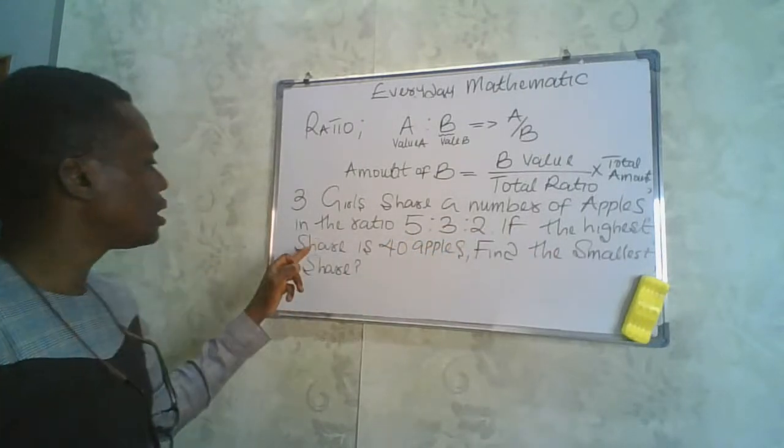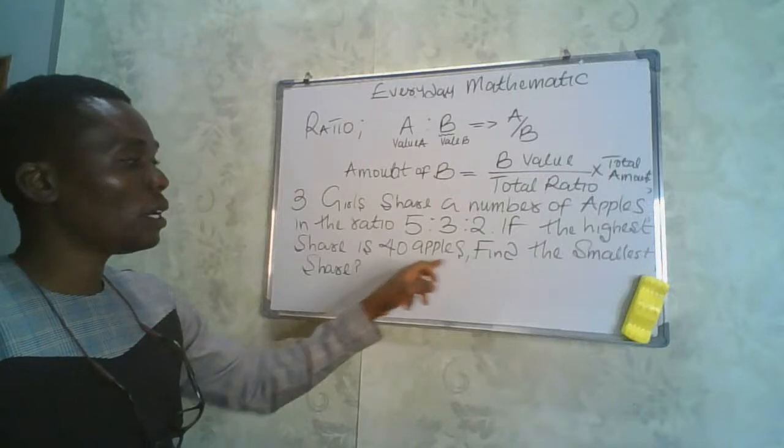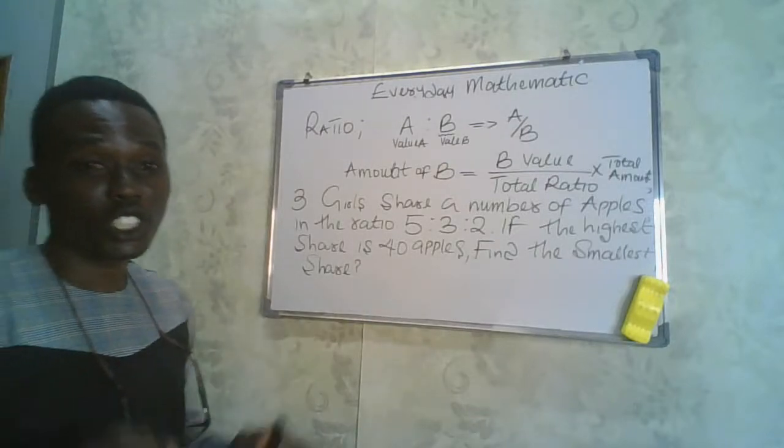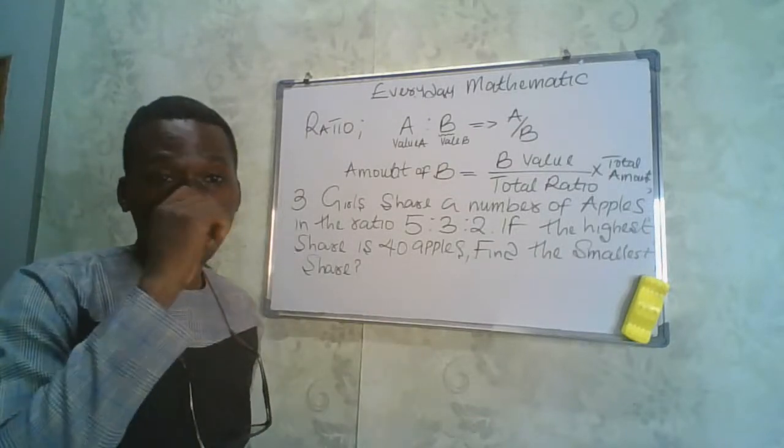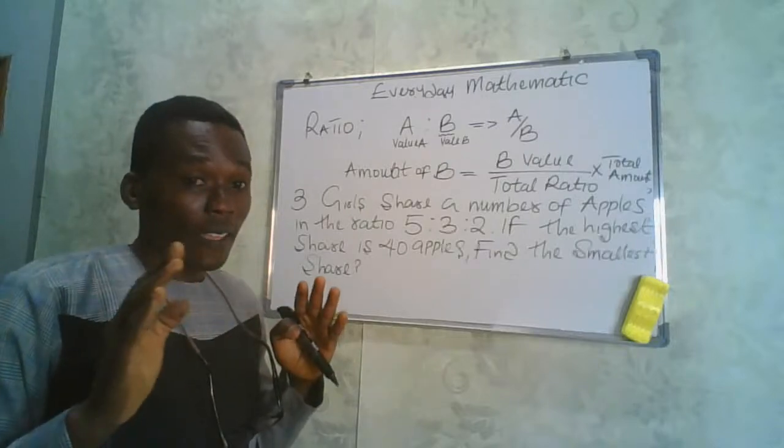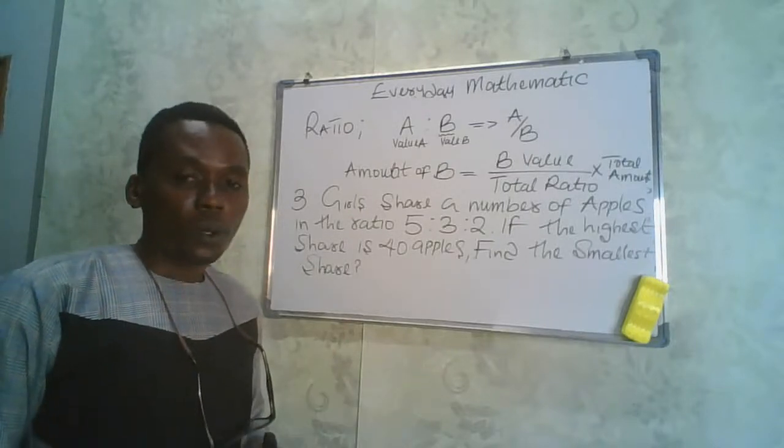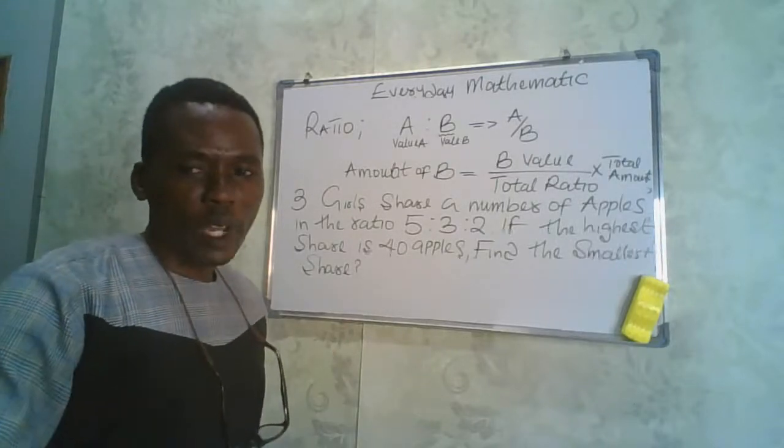If the highest share is 40 apples, find the smallest share. You're asked to find the smallest share. And this is a JAMB UTME question. It may look difficult, but we are going to solve it.